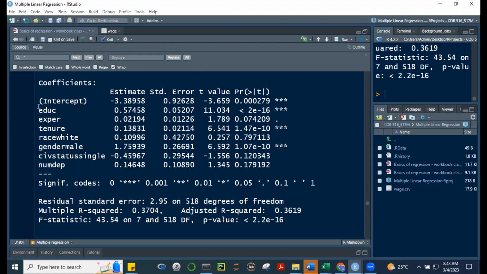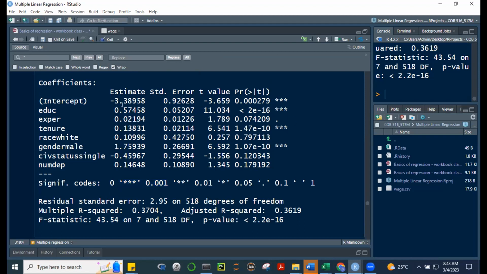So let's start with education. Education is statistically significant at 0.001. Tatlong stars yan dito sa R. It refers to this one here. 3 stars. So which means that our p-value is less than 0.001. So this is statistically significant.